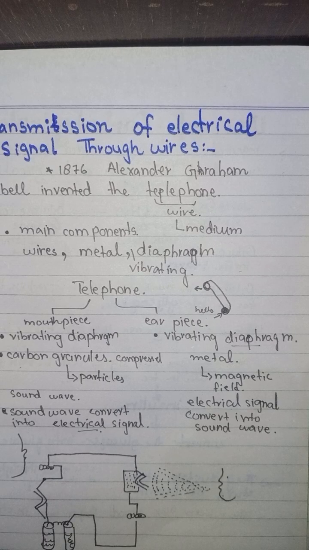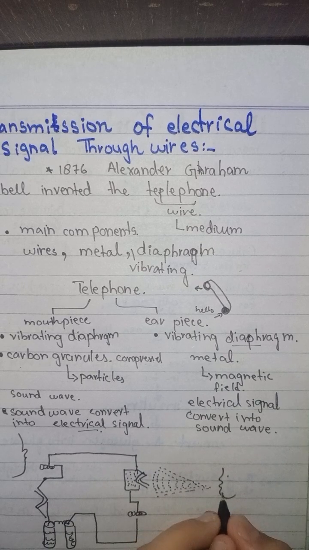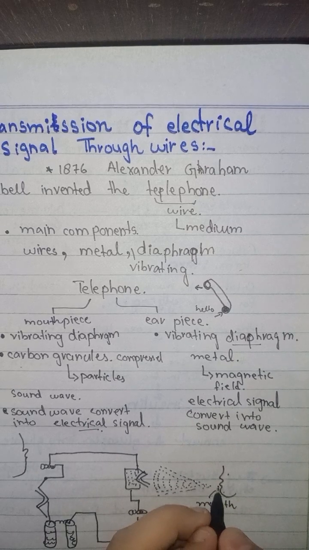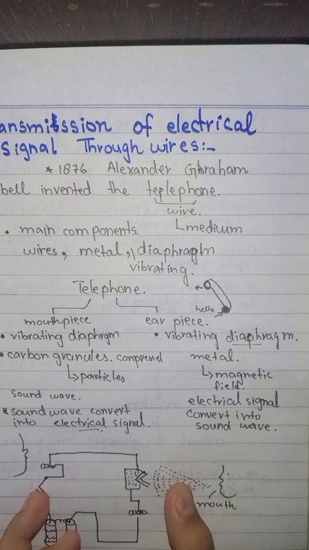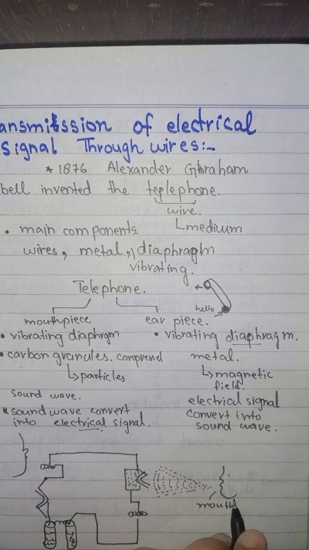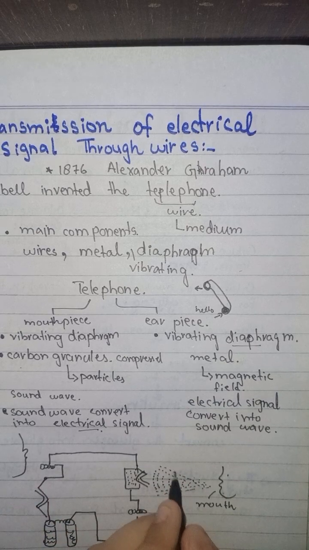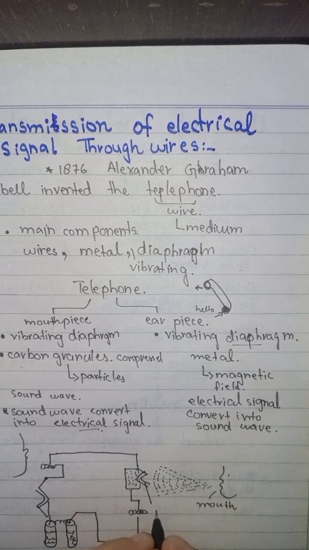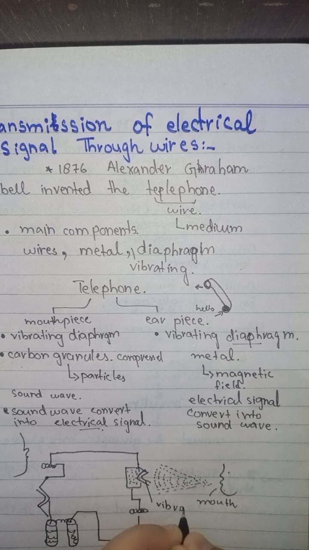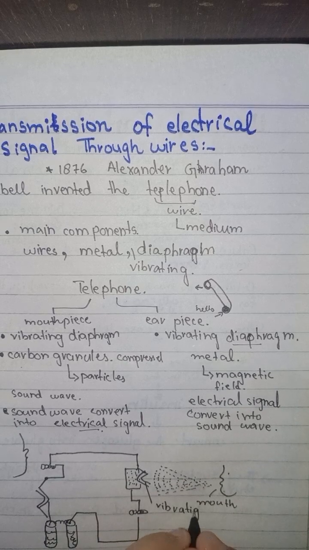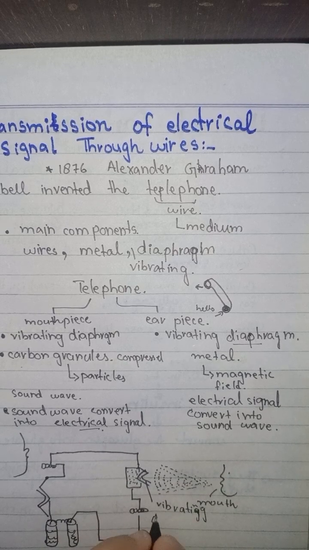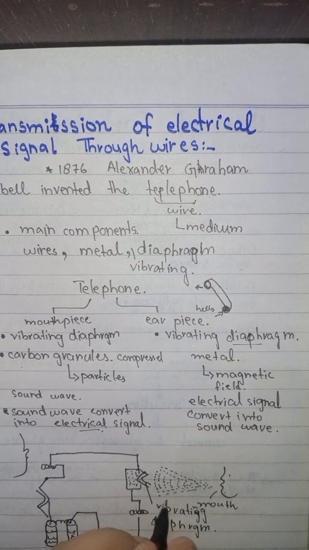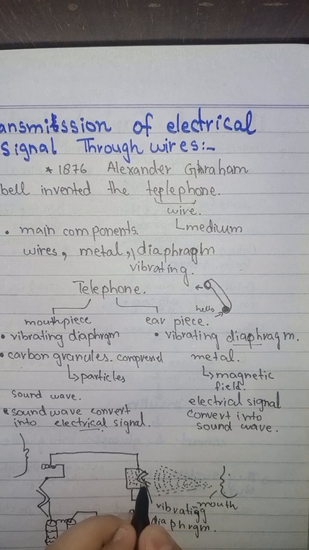Okay, so here simply you can see, first of all we have the mouth. This is how the function works in the telephone. From the mouth come the sound waves. Okay, sound waves go and hit the vibrating diaphragm.